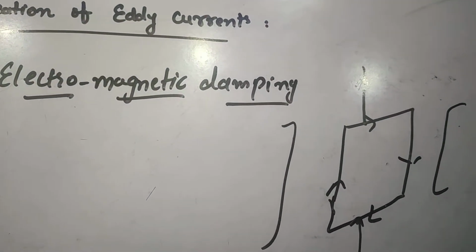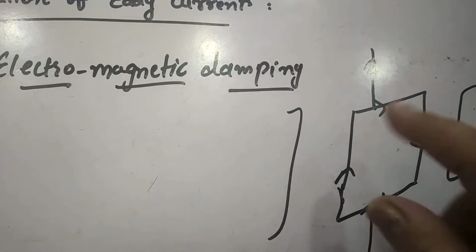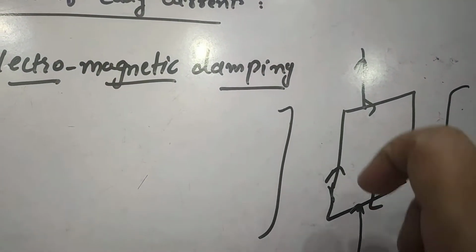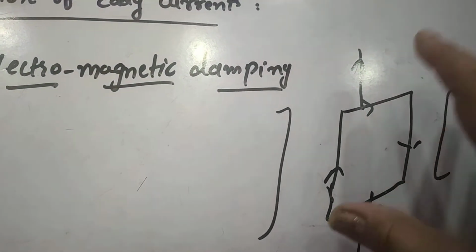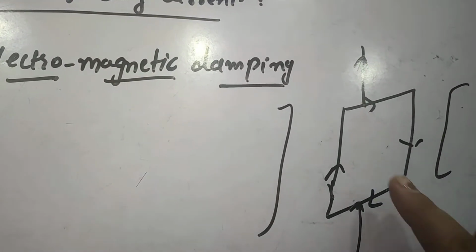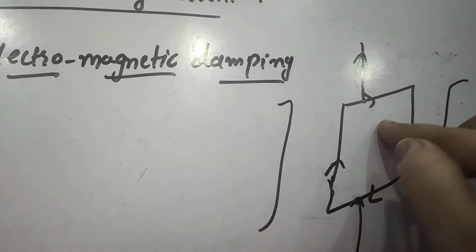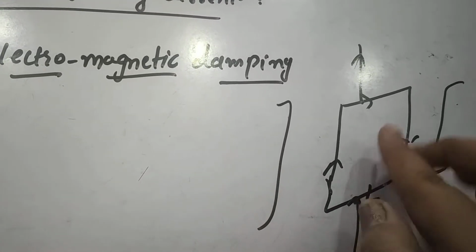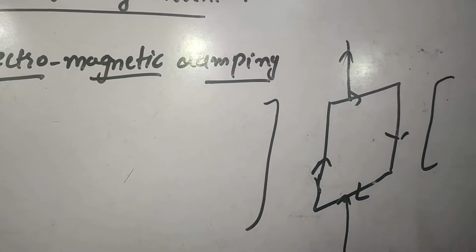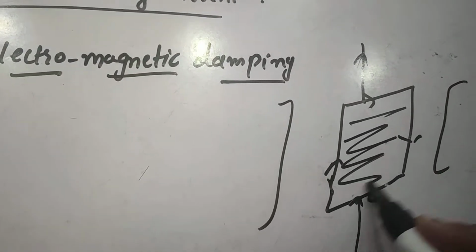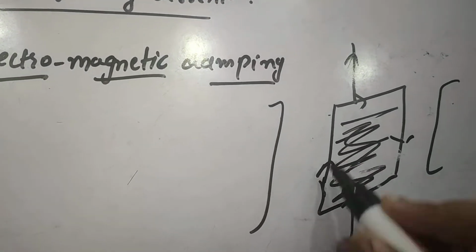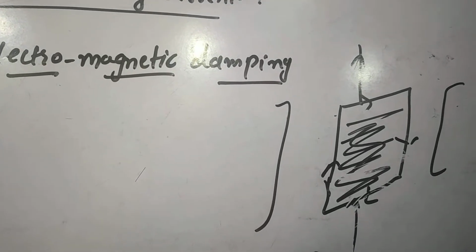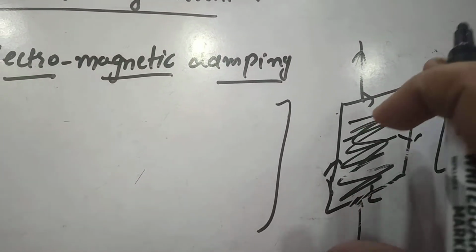So what we do is we wrap this coil over a metallic frame. When we wrap this coil over a metallic frame, the induced currents are eddy currents. This metallic frame acts as a bulk piece of metal over which we have wrapped the coil, so eddy currents are produced.